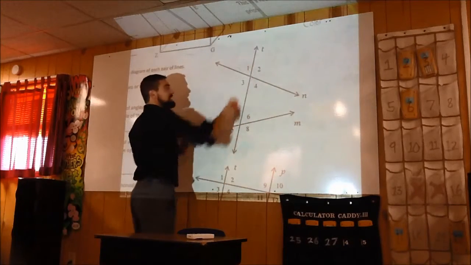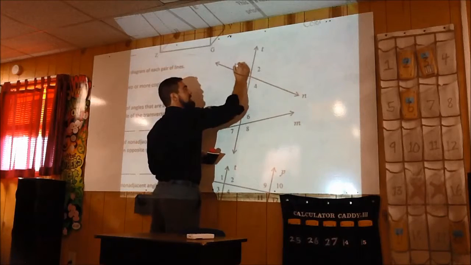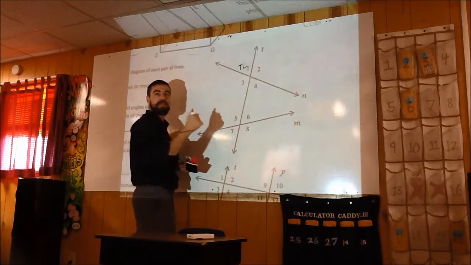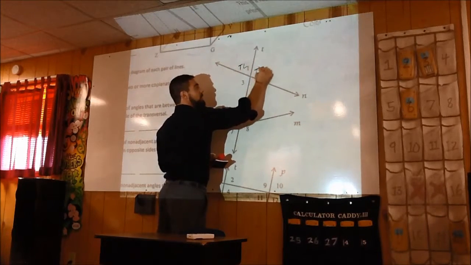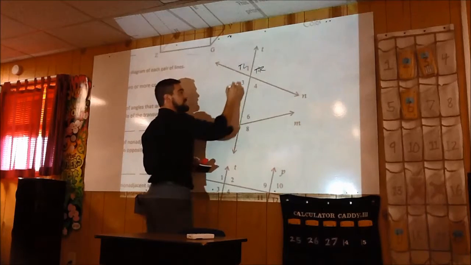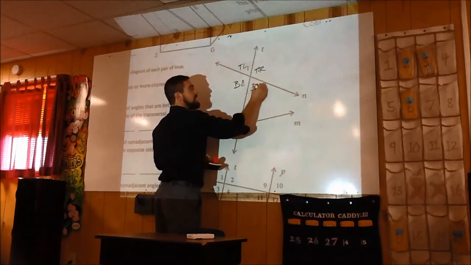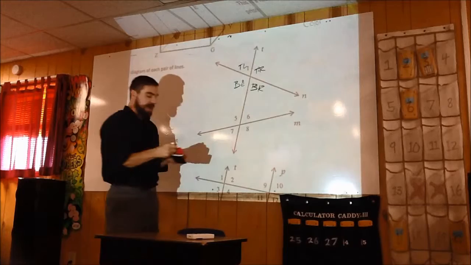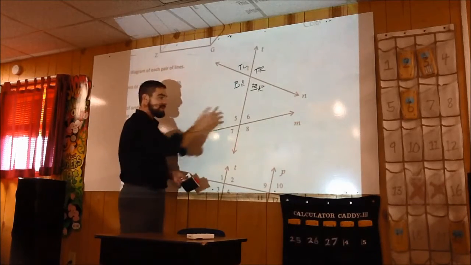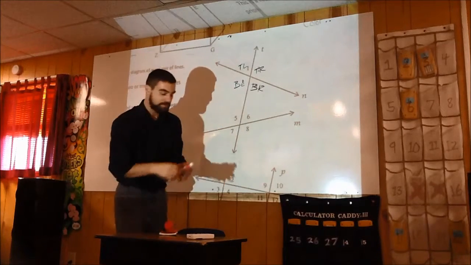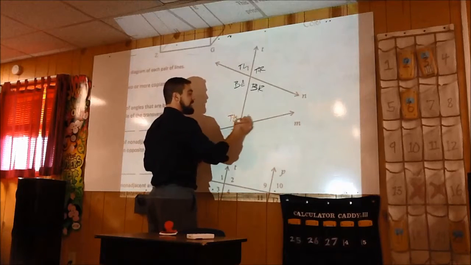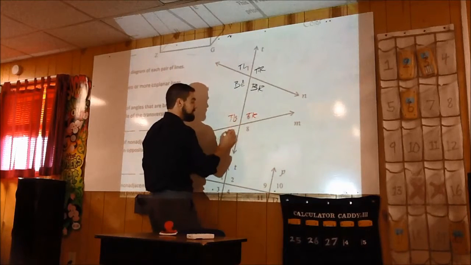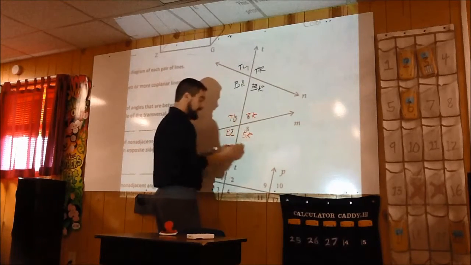Angle 1 is in the top left position. Does everyone agree with that? Top left. Angle 2 is in the top right position of that intersection. This is in the bottom left and bottom right. But you also have those same positions in this other intersection. You've got the top left and the top right and the bottom left and the bottom right.